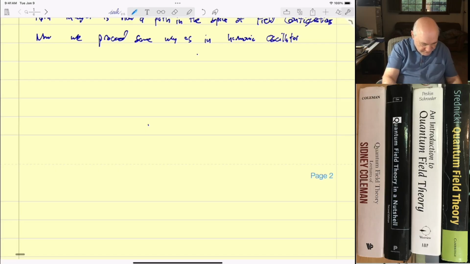First we define Fourier transform variables in momentum space. V tilde of k is equal to the integral of d^4x. This is how Czernicki defines it.